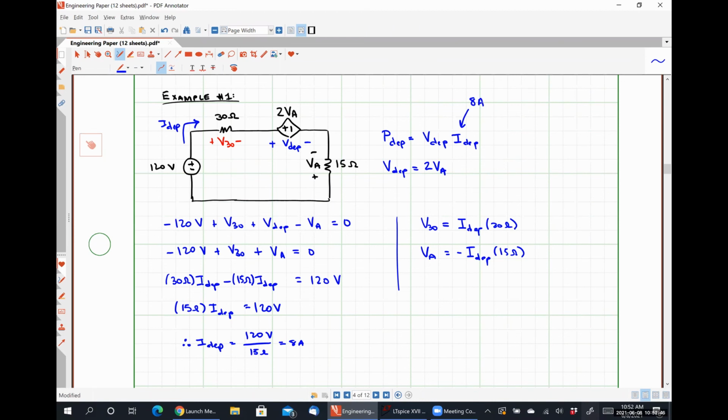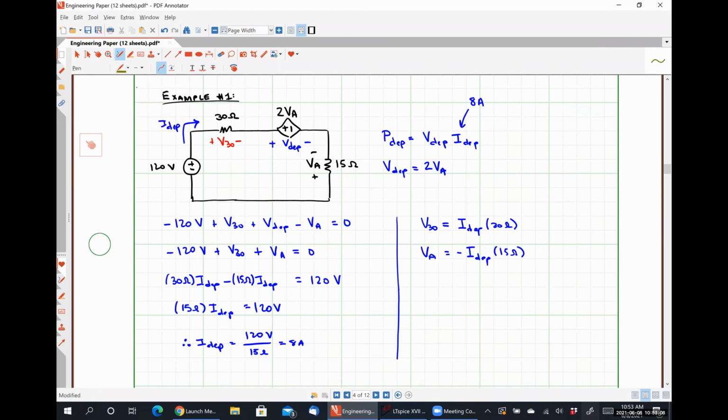How would we figure out what VA is? Because in order to get V dependent, we need to know what VA is. Current times resistance.